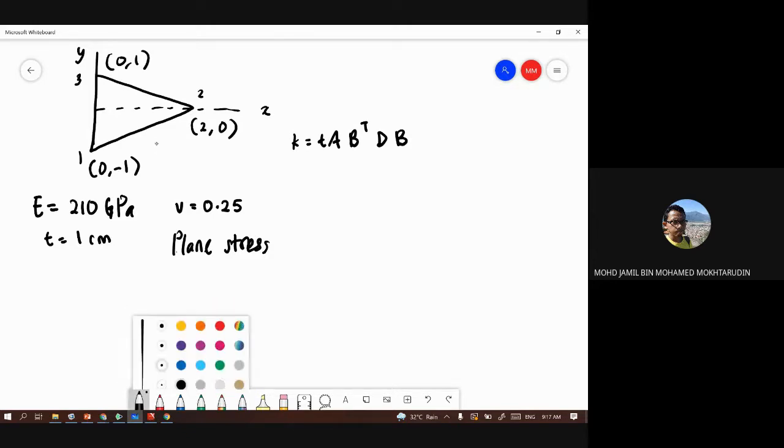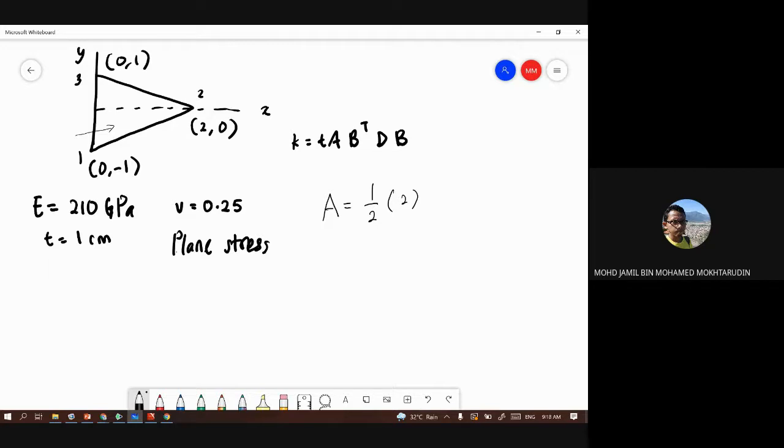If you look at one side, half times the length is 2, and the height is 1, sorry. And then we have two similar triangles, so we times 2. So the area will be 2 cm squared. You get 1 mark if you calculate the area.